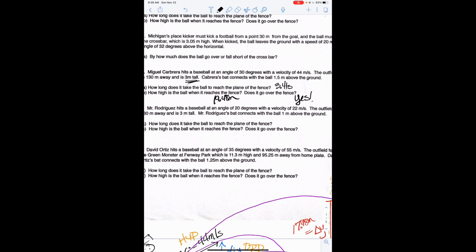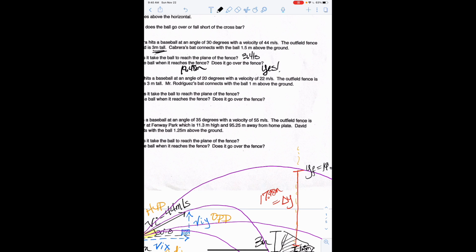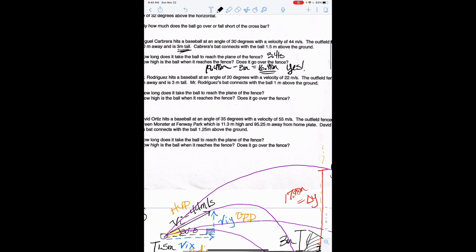But a follow-up question would be, by how much does the ball clear the fence? And then we could say, well, it clears it by 19.48 meters minus 3 meters, which would equal 16.48 meters. So it would clear the fence by 16.48 meters. All right, and there you have it.